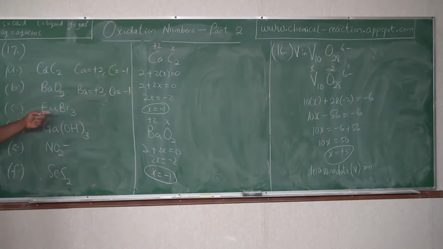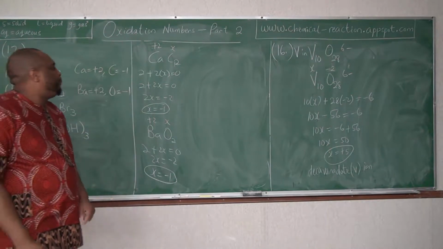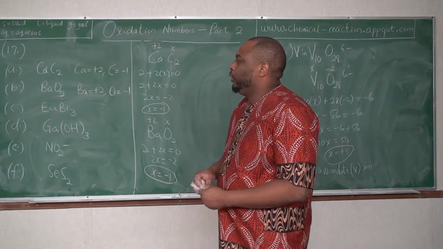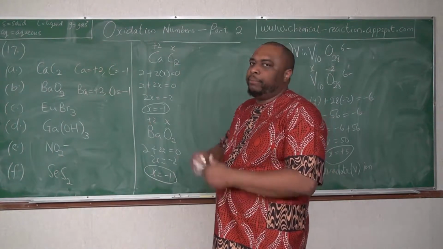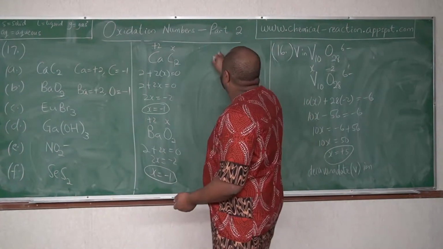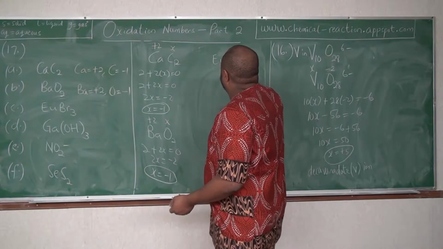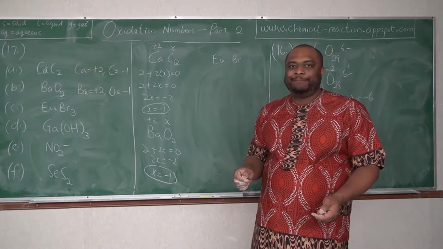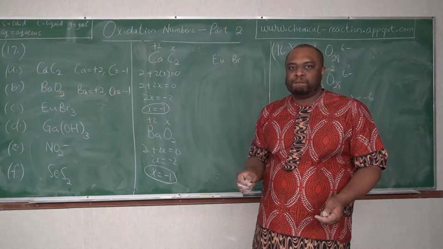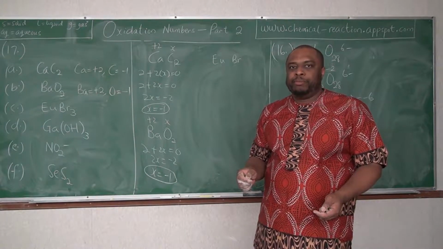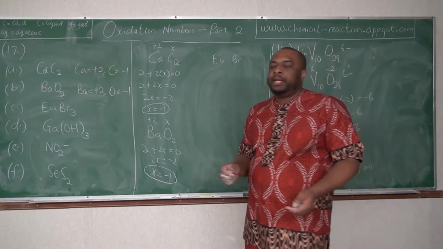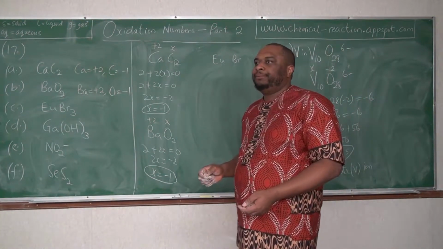Europium is an element named after Europe. Europium 3 bromide. Bromine is minus 1, except when it is bonded with fluorine.